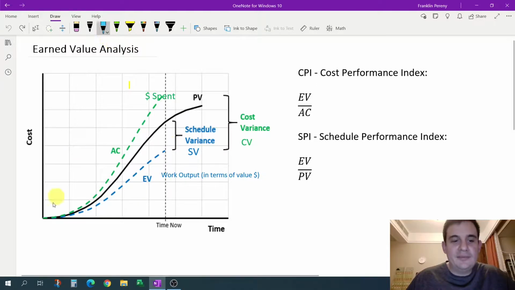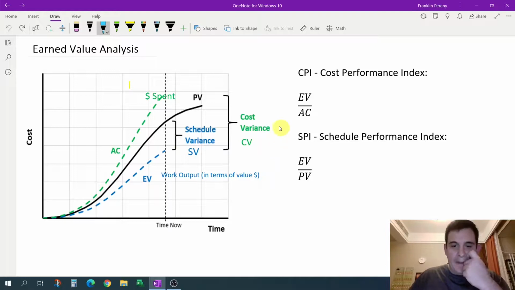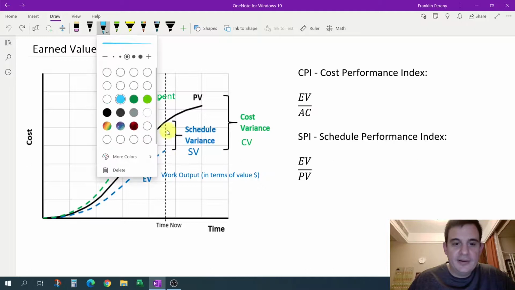Let's look at cost variance first. So the cost performance index. What is the cost performance index?